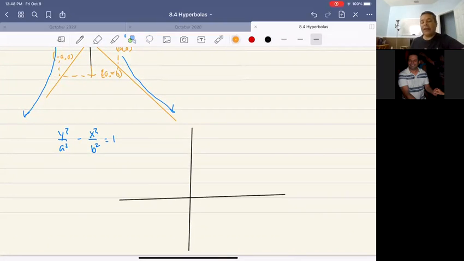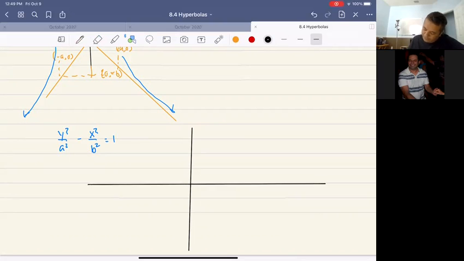Again, we're going to have a fundamental rectangle. It's going to go left, right, this time b, and up, down a.